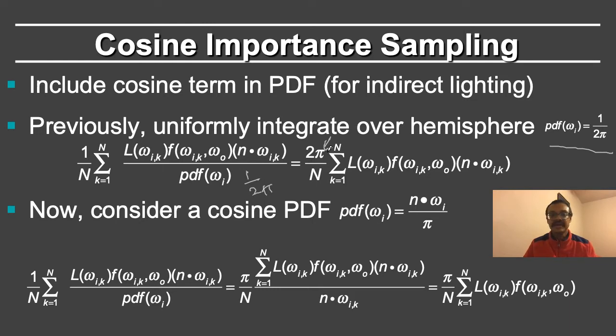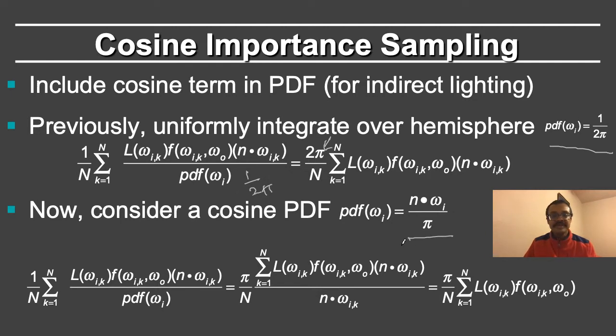Now we consider a cosine probability distribution function that includes the n dot omega term. You can work out the math for this, and normalization requires you to use n dot omega divided by pi.